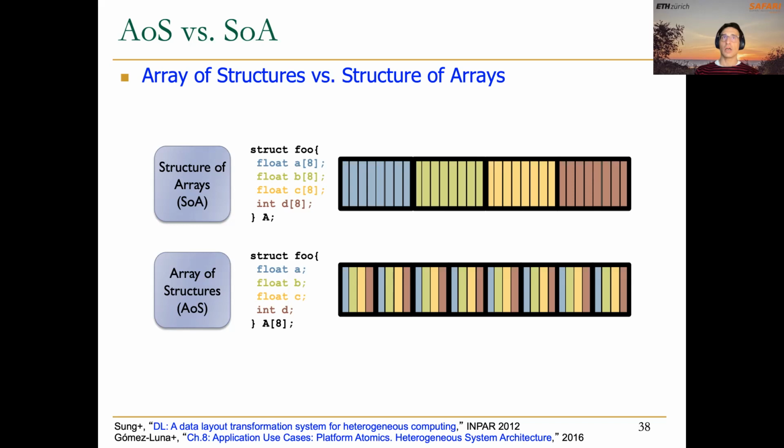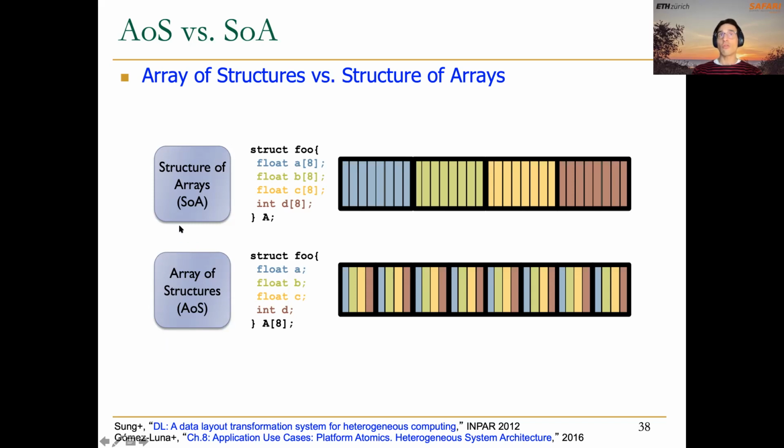In this case, 3 floating point values and 1 integer value, as you can see here in the example. There are 2 different ways of organizing this in memory. There might be more, but let's say the 2 simplest ways of organizing this array of tuples in memory is by either storing them as a structure of arrays or storing them as an array of structures.